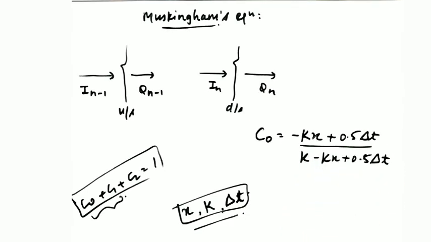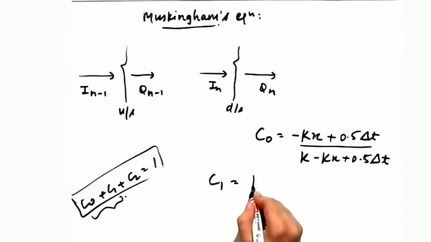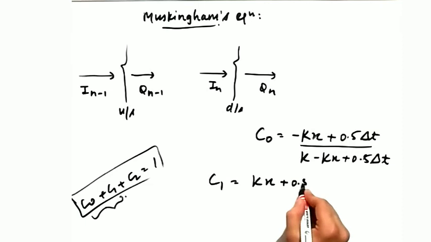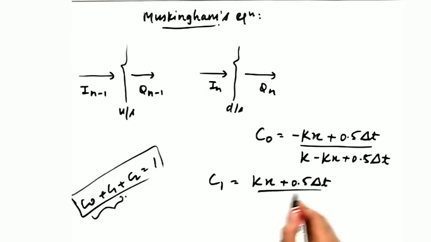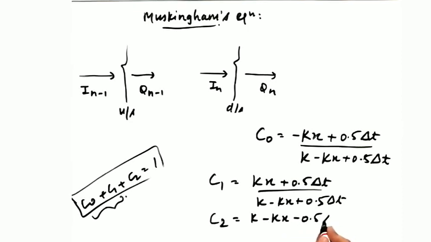So this is the value of C0. How can you evaluate C1? C1 can be evaluated as Kx plus 0.5 delta t divided by K minus Kx plus 0.5 delta t. Similarly, you can evaluate C2 as K minus Kx minus 0.5 delta t divided by K minus Kx plus 0.5 delta t.